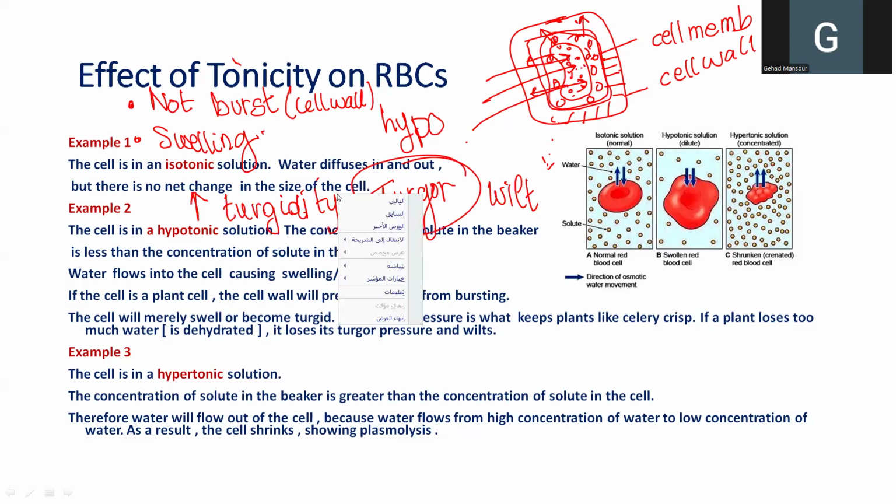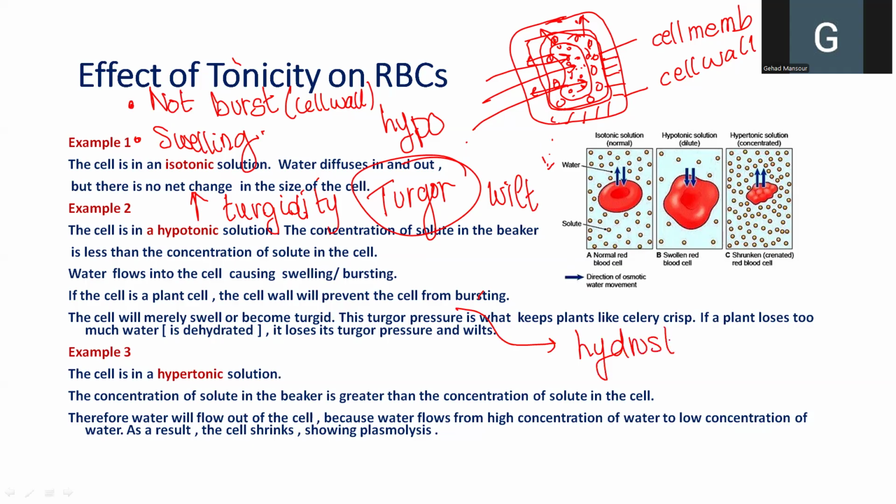So the turgor pressure is the hydrostatic pressure that provides the plant with turgidity. It is, of course, not the normal, regular hydrostatic pressure, but it is increased hydrostatic pressure resulting in a fully swollen or turgid plant. So no rupture of the cell membrane occurs because the cell wall will support the cell membrane of the plant cell.